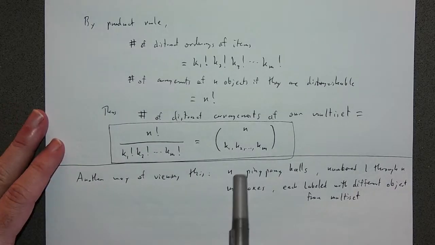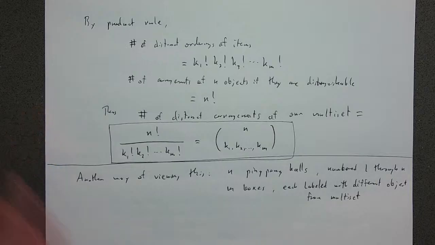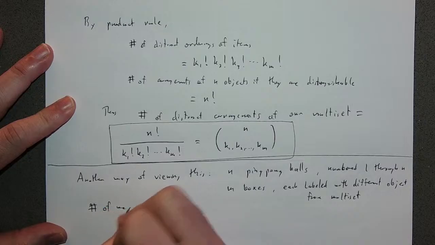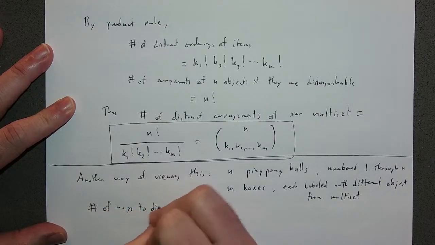So there would be the red box, where you could think about putting all the reds in. There would be the blue box, where you're putting all the blues. Yellow box, where you're putting all the yellows, and so on. Okay, so that's how we have labeled our boxes. The number of ways to distribute the balls among the boxes, with case of 1 in box 1, case of 2 in box 2, and so on, is the multinomial coefficient, of course.